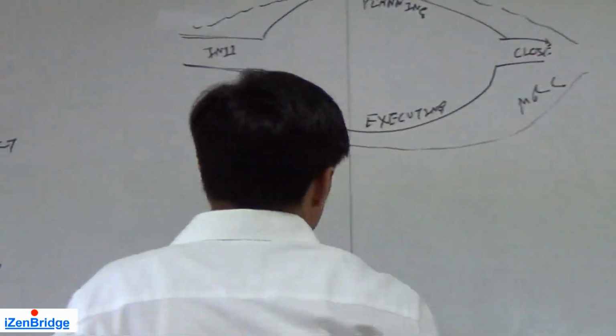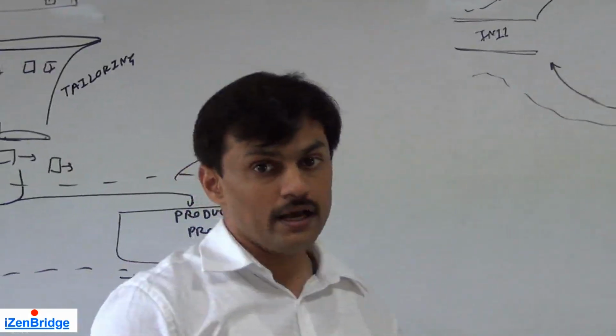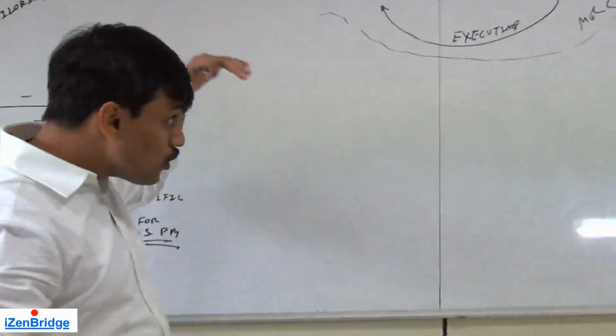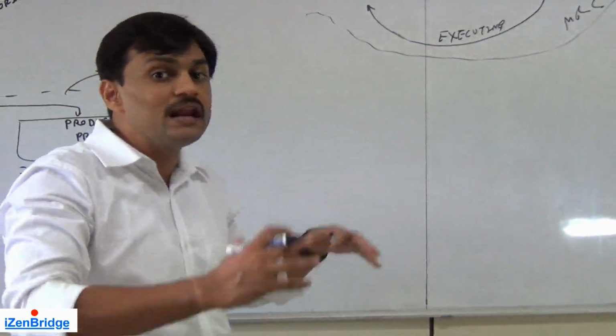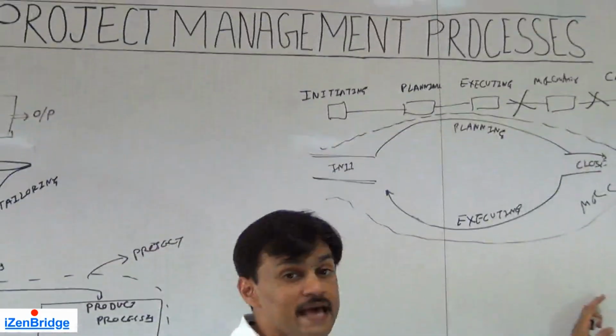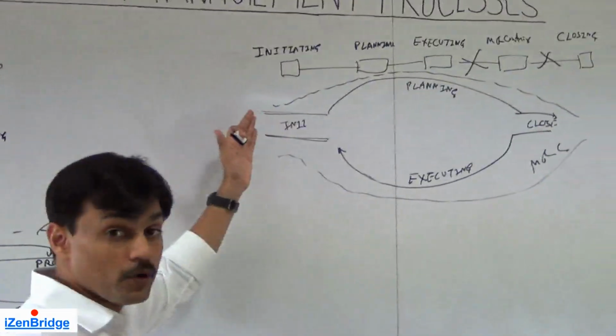Now this is if you are following a typical or a predictive life cycle. Then we can also visualize how our level of effort would be varying throughout the life cycle and mapping back to the process groups.